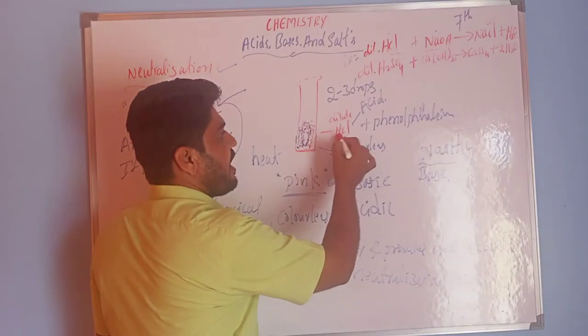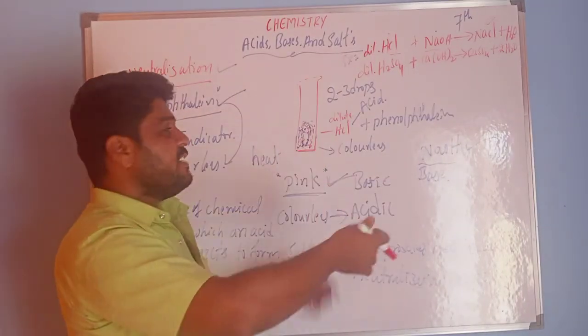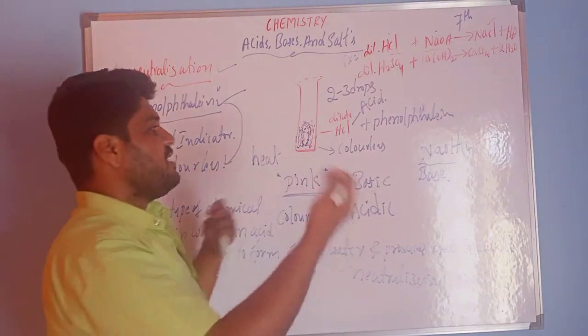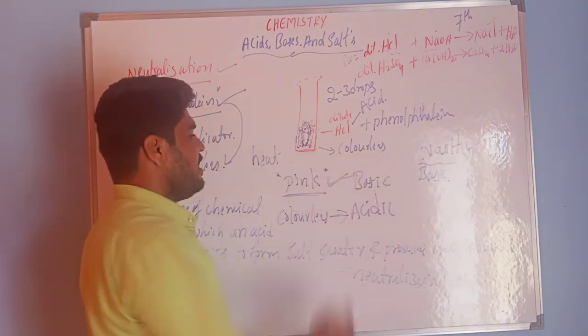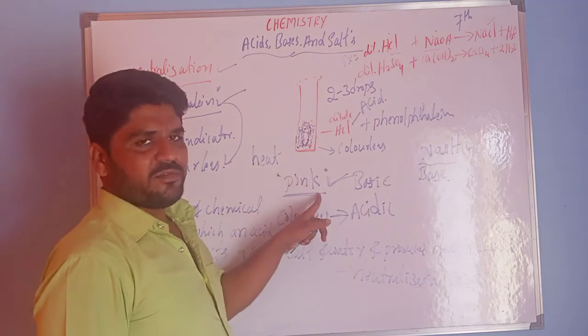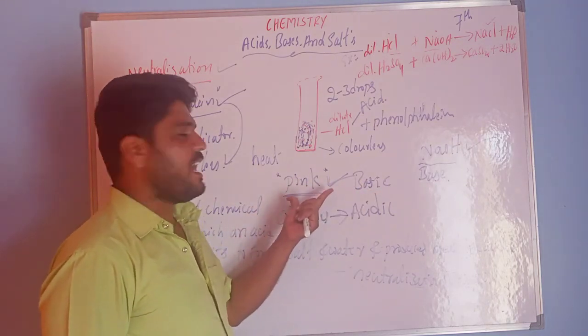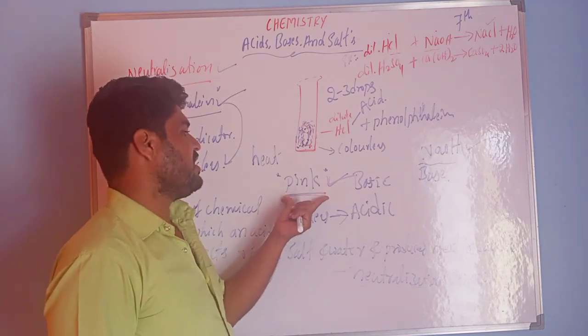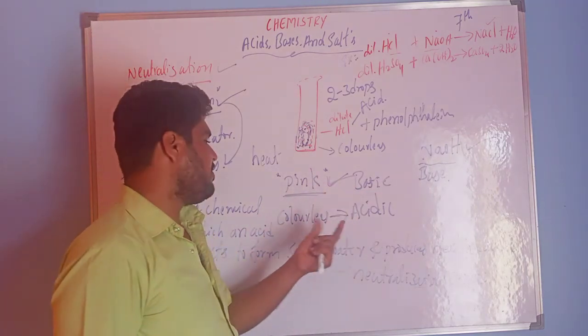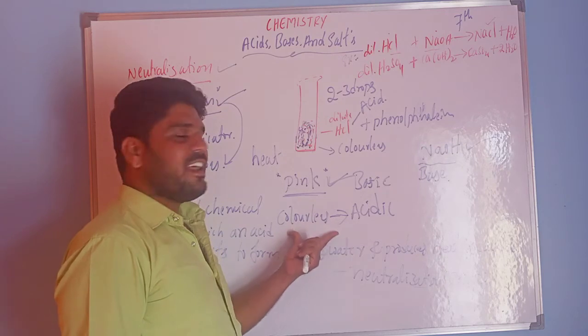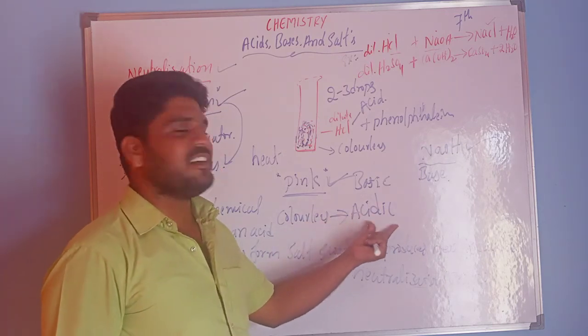At that time, if you add more acid, the pink color disappears and it becomes colorless. If the solution gives more pink color, that is basic. If the solution is colorless, then you call it acidic.